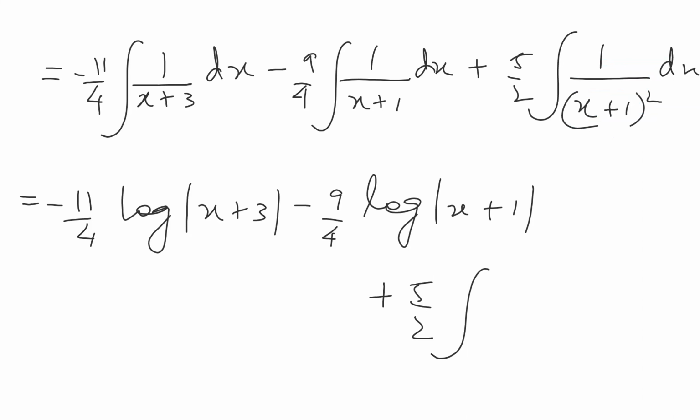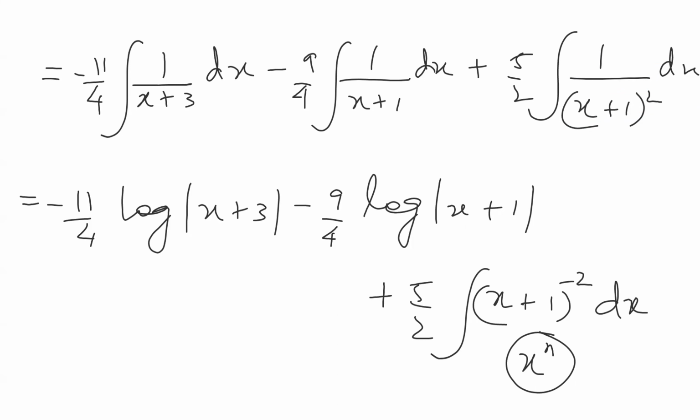Square is not a linear algebraic term. So we have to write this as x plus 1 raised to minus 2 dx. And eventually we are going to solve this using x raised to n formula. Okay.